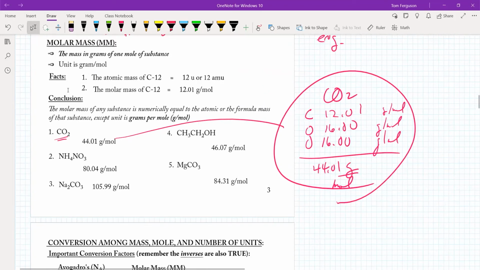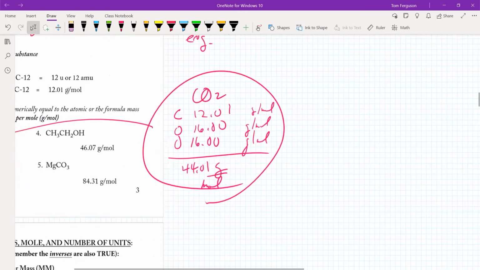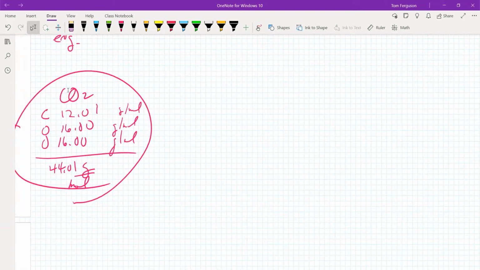Okay, so I want to take an aside here. We've just talked about a couple of things. We've talked about molar mass. Molar mass, the units are grams per mole.